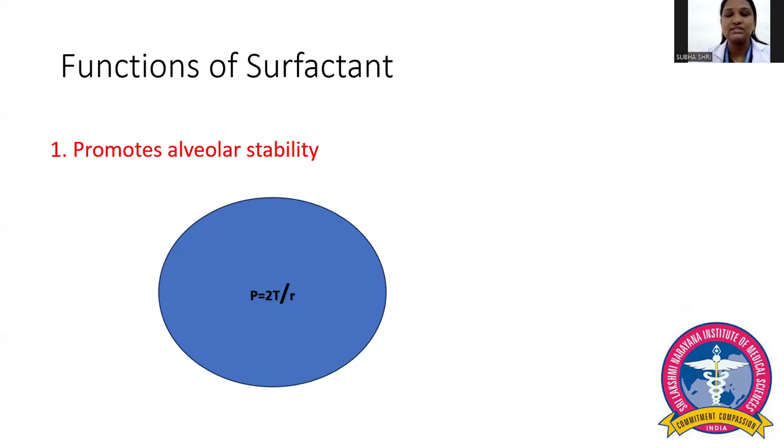To understand this concept of alveolar stability, we need to know a law called Laplace law. Laplace law states that pressure is equal to 2T by R, where T is the tension and R is the radius. Any hollow viscus in our body, like the urinary bladder or alveoli, will follow Laplace law.